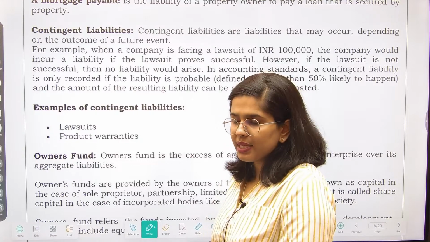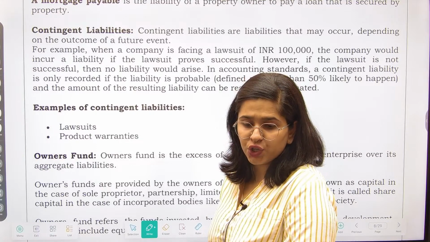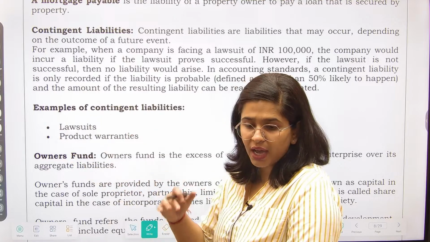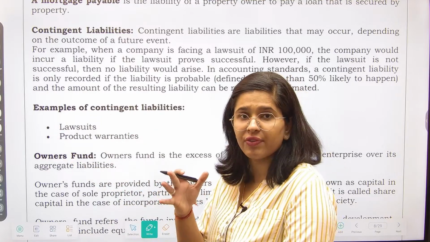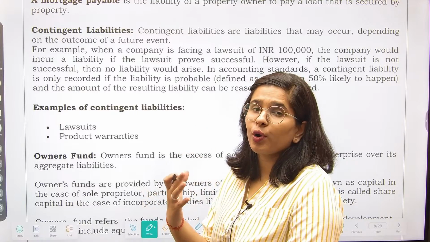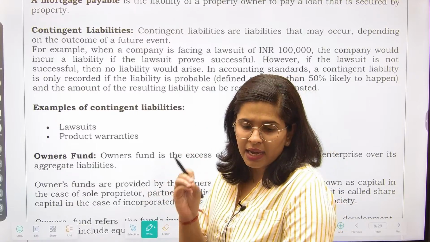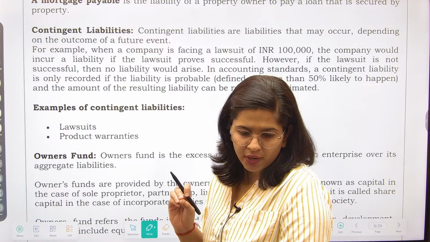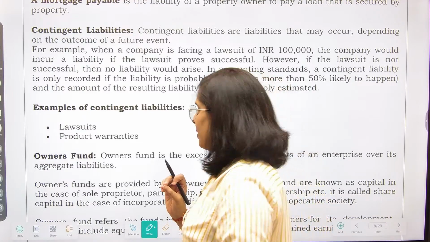Contingent liability means a liability for which we are not sure as of now, right? But that can occur. There is a probability that it can occur. Now I will have an example over here, fine, and this will make you clear.